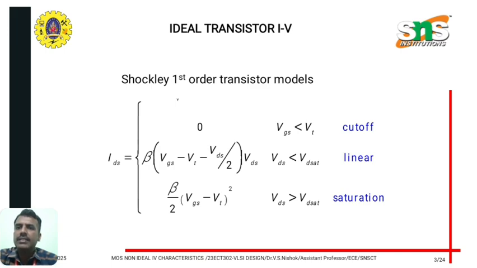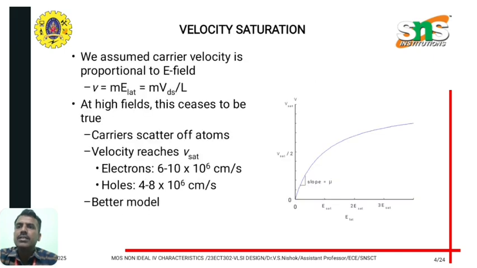And in the saturation region, the drain current depends on the VGS and VT values, where beta is a constant. So the ID value is calculated in three different regions based on the condition, the ideal condition.